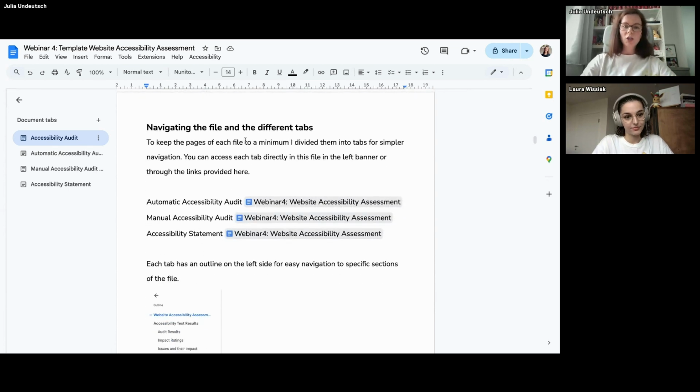I also made a suggestion how they could navigate this file, in case I also assumed they're using Google. This was also a bit weird because I started working in Google, and as with Word, it's always good when you are in a company and everyone is using the same tools.